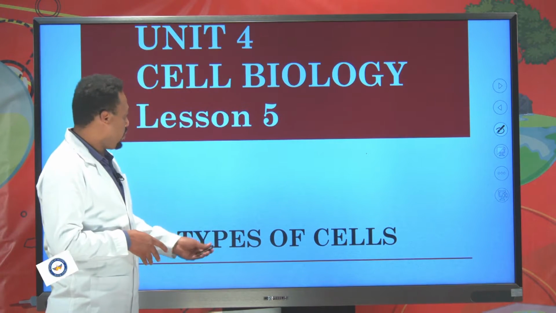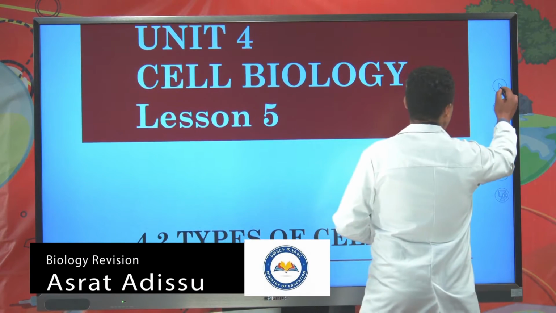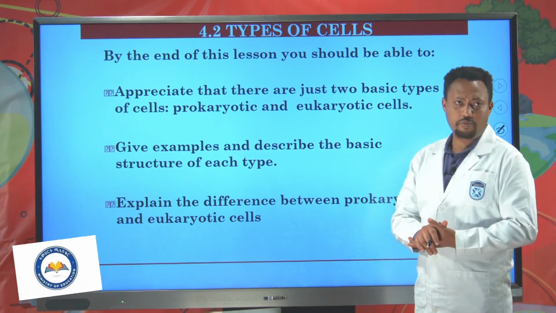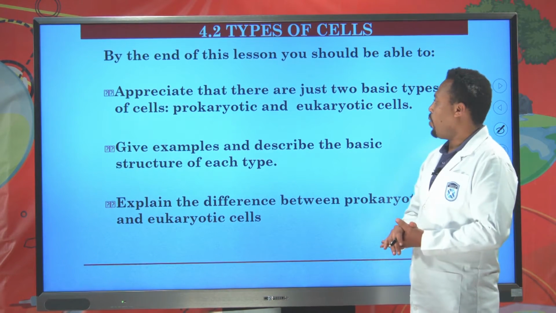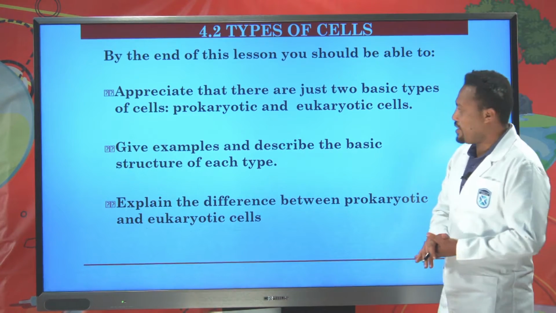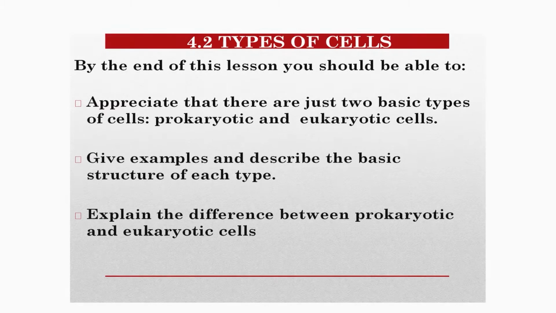Basically, we have divided cells into two major groups, if you remember. So I need you to remember these very important pointers at the end of this lesson. One of them is you have to be able to appreciate the two basic types of cells. We call them prokaryotic cells and eukaryotic cells. Okay? I need you to remember those very important cells called prokaryotic and eukaryotic cells.